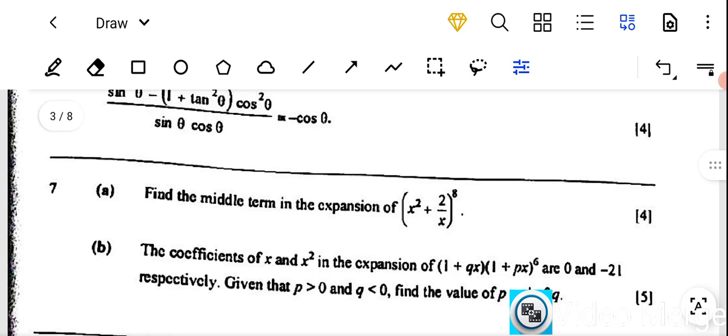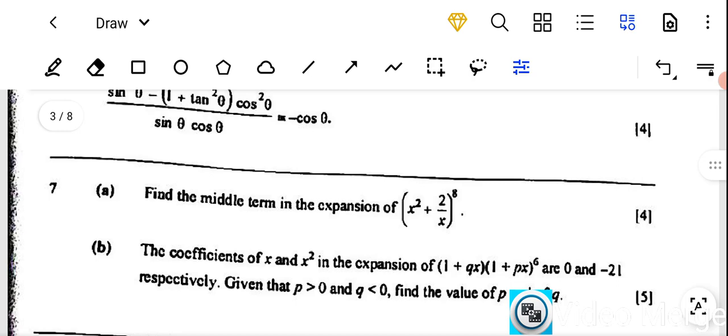So you can see that the first 4 terms are 0 to 3. I hope you can see that. Those are the first 4 terms, and then the fifth one will be the middle term.